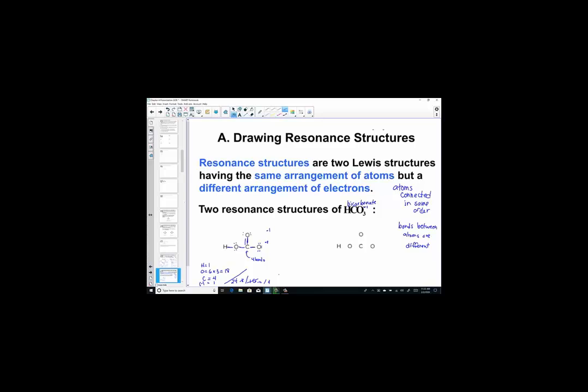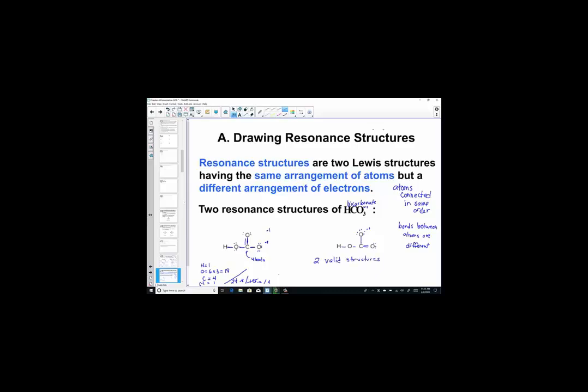But an equally valid choice is that I could have placed the double bond leading out to the oxygen on the far right and a single bond leading up to this oxygen, and put the -1 charge on the oxygen up high. These are 2 valid structures for this polyatomic ion called bicarbonate.